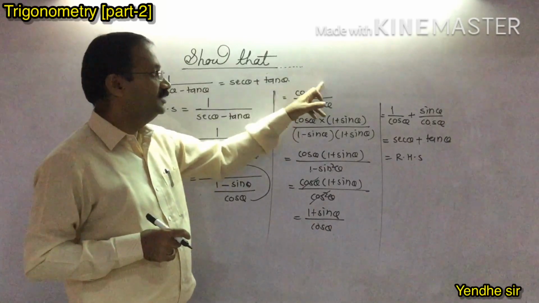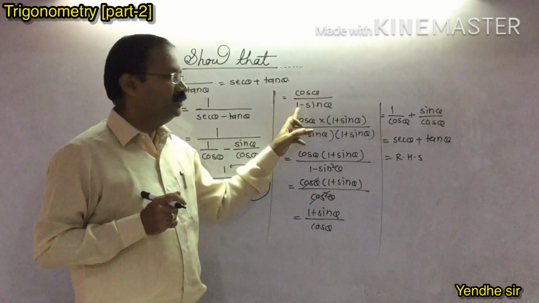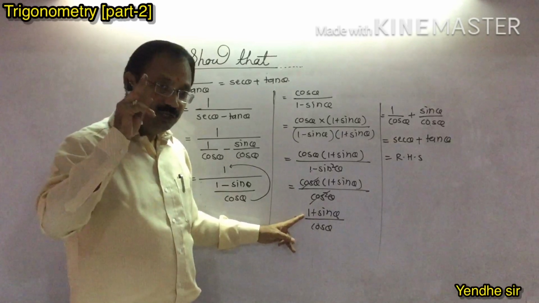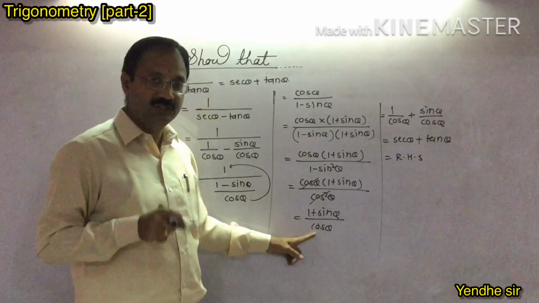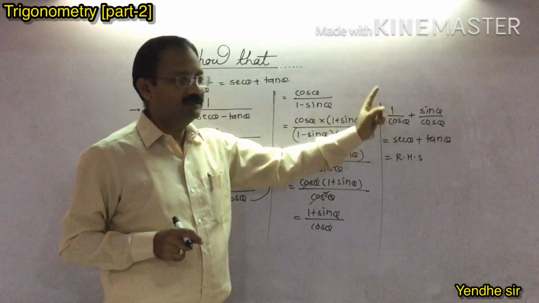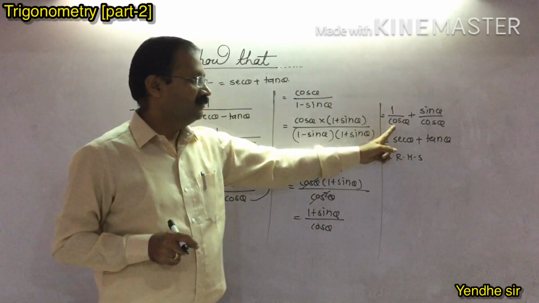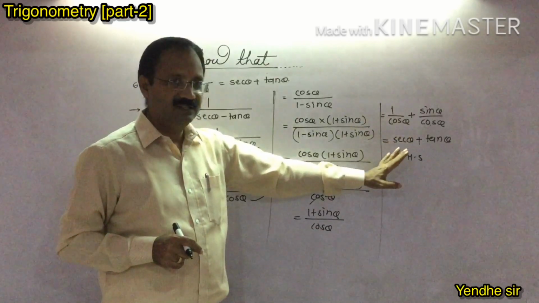Yes, because in the numerator only one thing is there, only one ratio is there, and in the denominator you have 2. See this one? It has two things in the numerator and one thing in the denominator. So we can split it: 1 upon cos theta plus sin theta upon cos theta. And then 1 upon cos theta means sec theta and sin theta upon cos theta means tan theta.